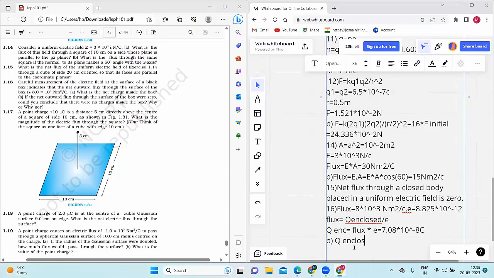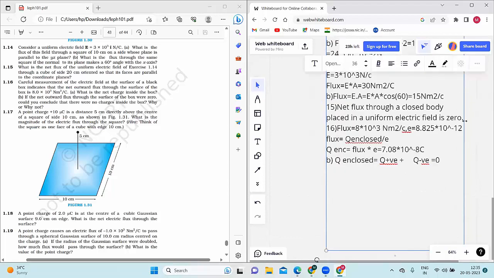So the net charge enclosed will be zero, so the sum of the positive charges and the negative charges is equal to 0. It doesn't mean that there are no positive and negative charges.